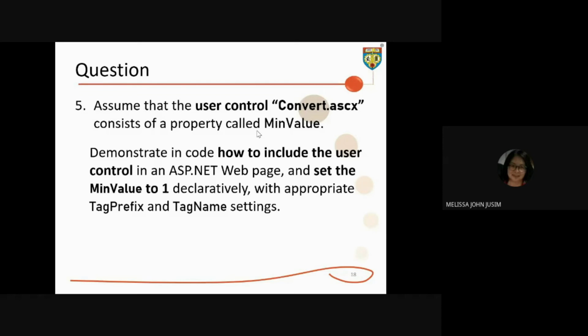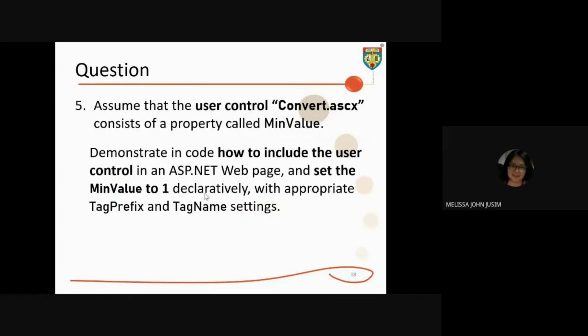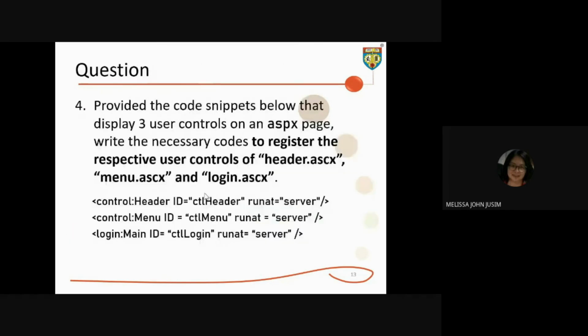So to change it, you might as well refer to this example, as simple as that. This is how we can override the value of our property. Now we're done with the properties. Next one is, okay, I want to go back to the previous slide. Hang on.